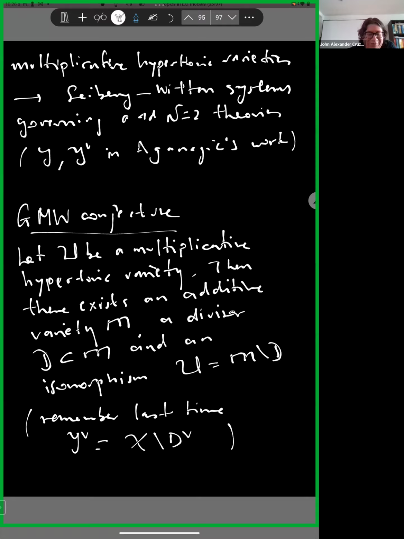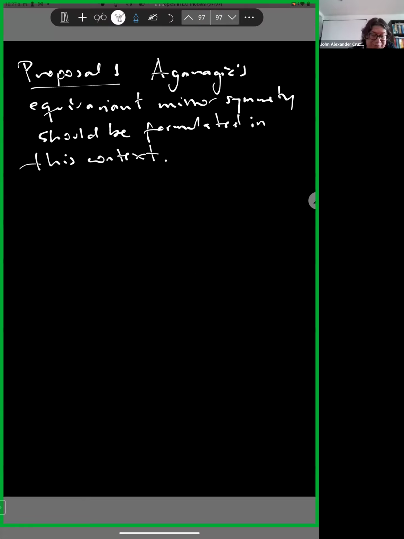So probably there should be another kind of integrable system related to these theories, to make some kind of analogy with these multiplicative hypertoric varieties and try to see if we can actually implement this Aganagic program in this setting. So that's what I want to discuss in the remaining time.